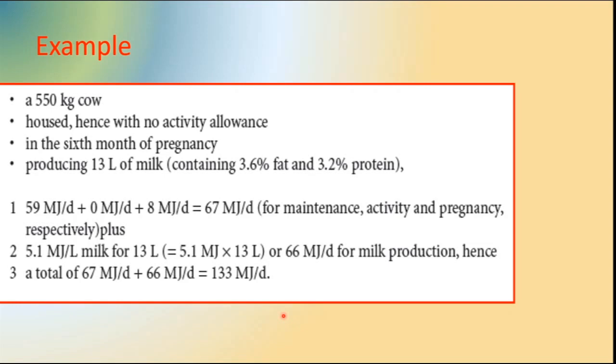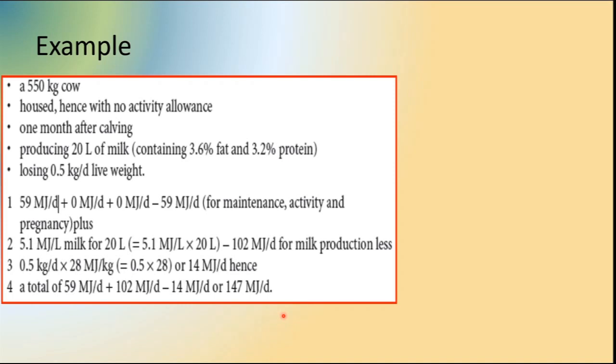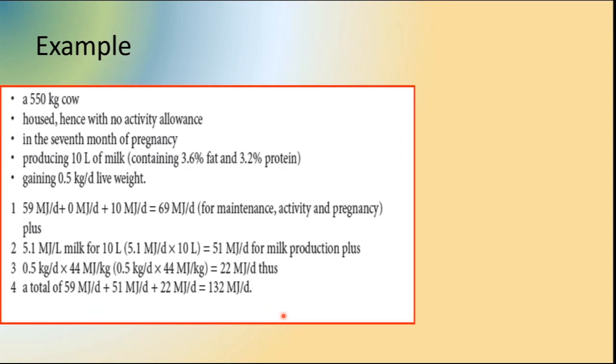The answer is available, but you have to do your own calculation, so that it could be easy for you. This is another example where the animal is 1 month after calving with some other condition. This is for your guideline.